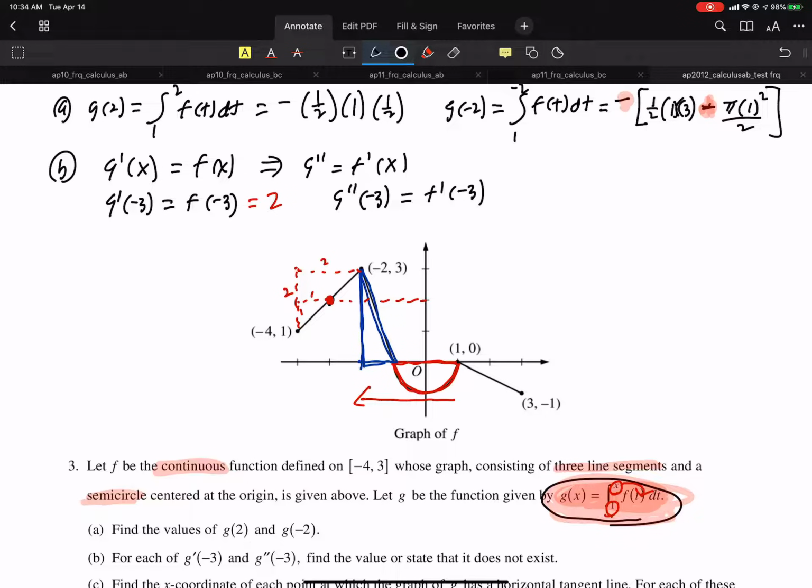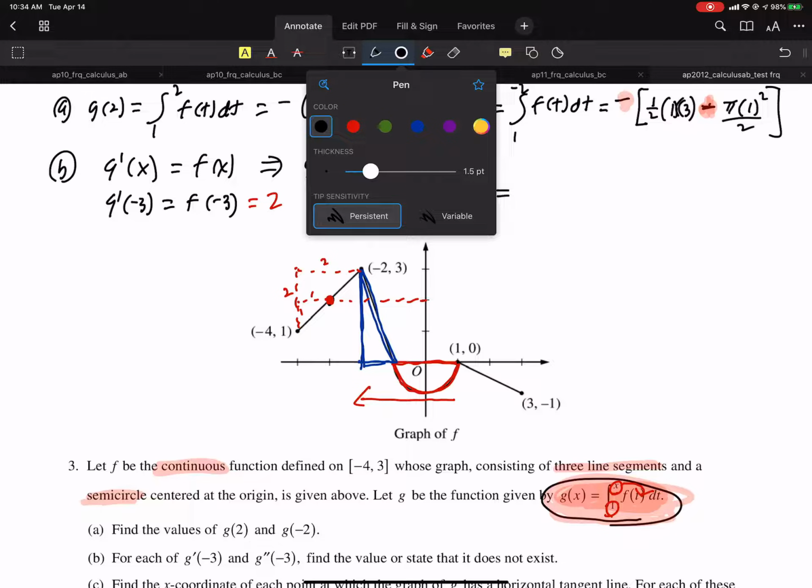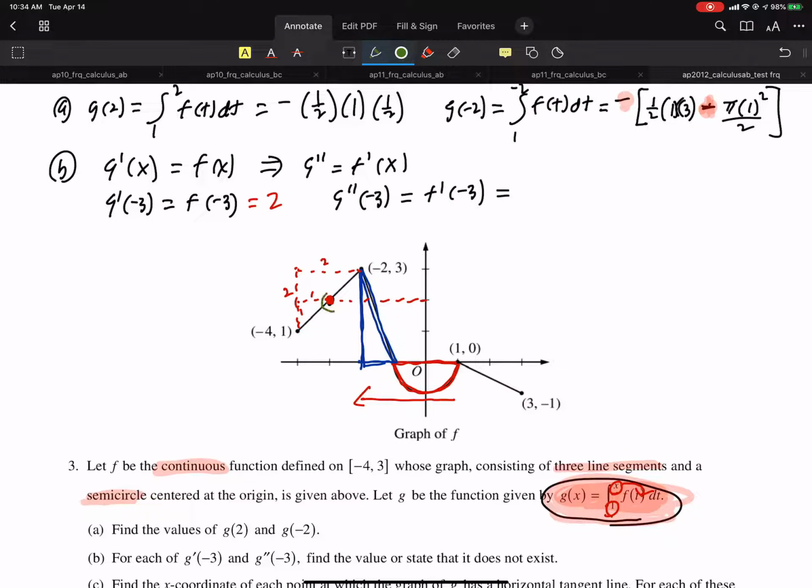All right, so how do we find that? It's going to be at the same point that we just did. I will circle it in a beautiful green. We want the derivative at that point, but we know the derivative is the slope of the tangent line. The slope of that line is clearly 1, so the answer is 1. We're done with part B.